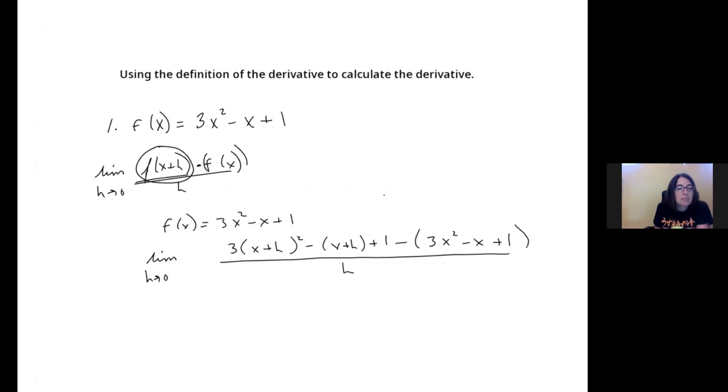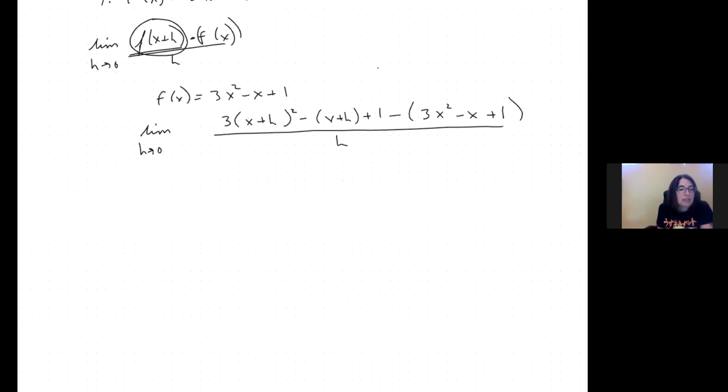And I always recommend memorizing what x plus h squared is, because you're going to use it a lot. So this is a foiling: x squared plus xh plus hx, which is still xh, and h squared.